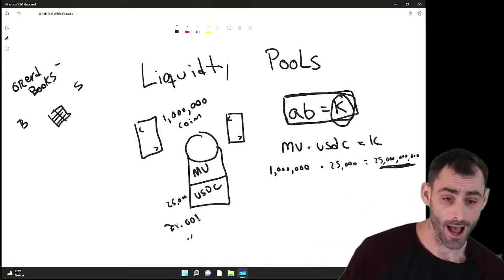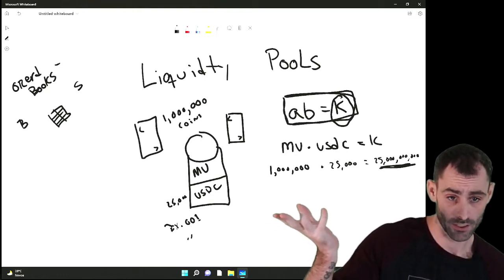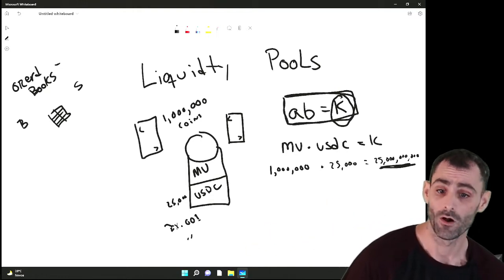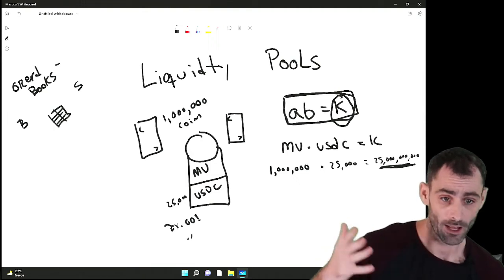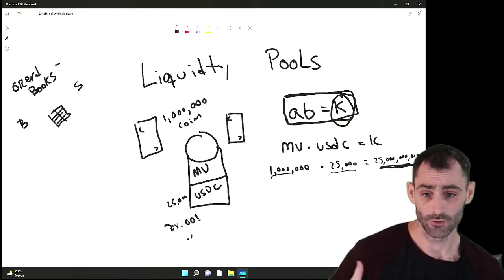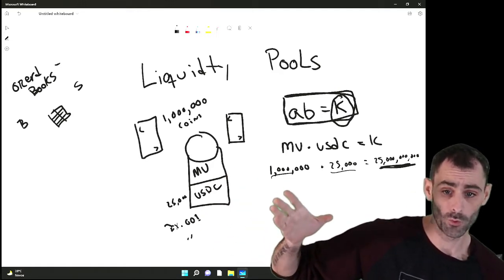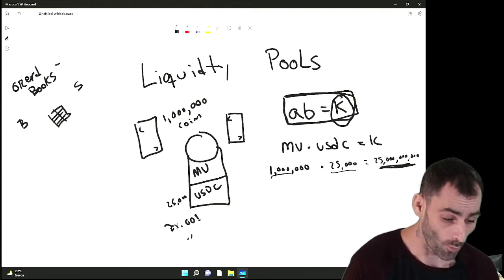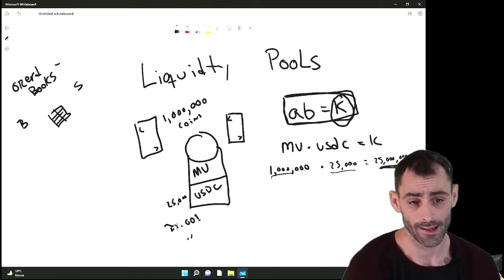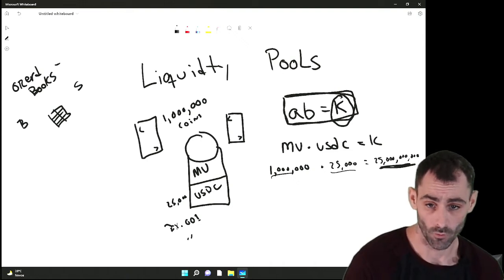So if you want to know how much a particular asset is going to cost, you can just fill out this algorithm. In order to fill it out, you need to know the current values in the pool, which of the assets you want to give to the pool or take away from the pool, and how many of those assets you want to take away.